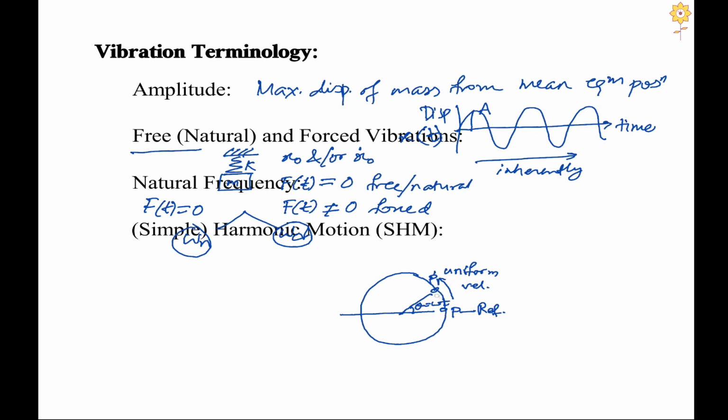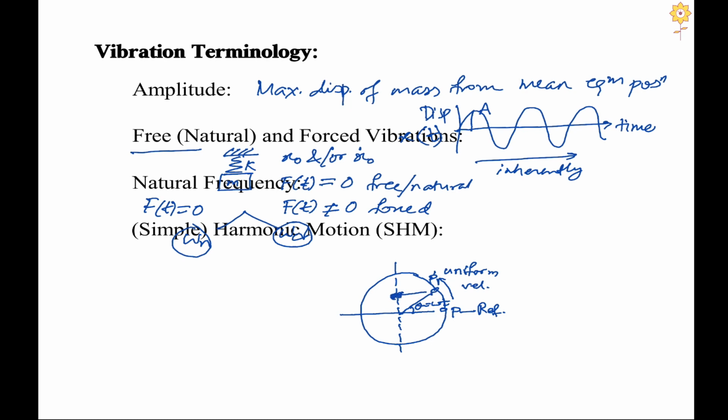Now the motion of the particle P about this circumference is uniform velocity motion, but now if I take the projection of this particle P while it is in motion along the diameter of the circle, this one is the projection of the particle P along the diameter.